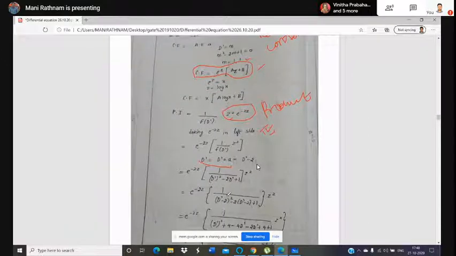The a value is minus 2 from the exponential minus 2. So replace in the denominator D' square minus 2D' plus 1 of z square, giving (D' minus 2) whole square minus 2 into (D' minus 2) plus 1 of z square.